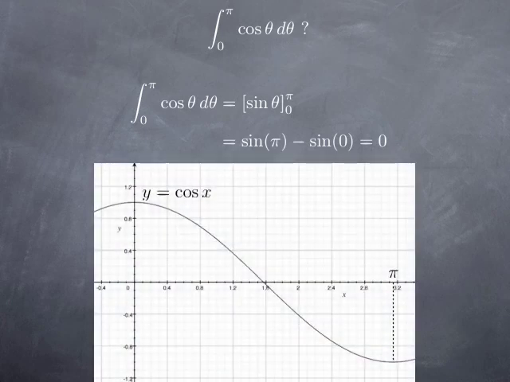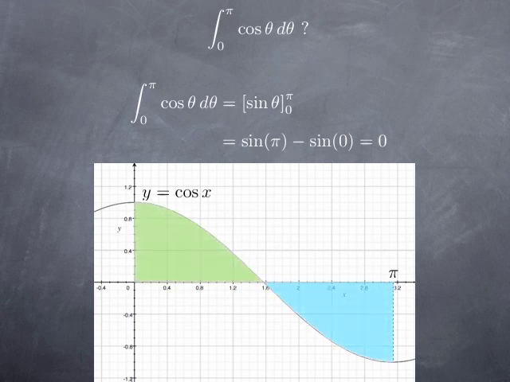This is the graph of the cosine function on 0 to pi. And you see that from 0 to pi over 2, cosine is positive, and the green area corresponds to the integral of cosine from 0 to pi over 2. The blue area corresponds to the integral of cosine from pi over 2 to pi.